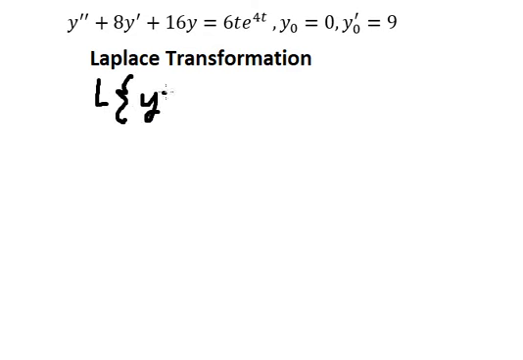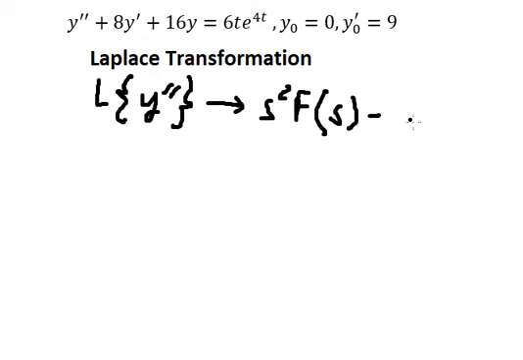we can transform the second derivative into s squared capital F of s, minus s f of 0, minus the first derivative f of 0.